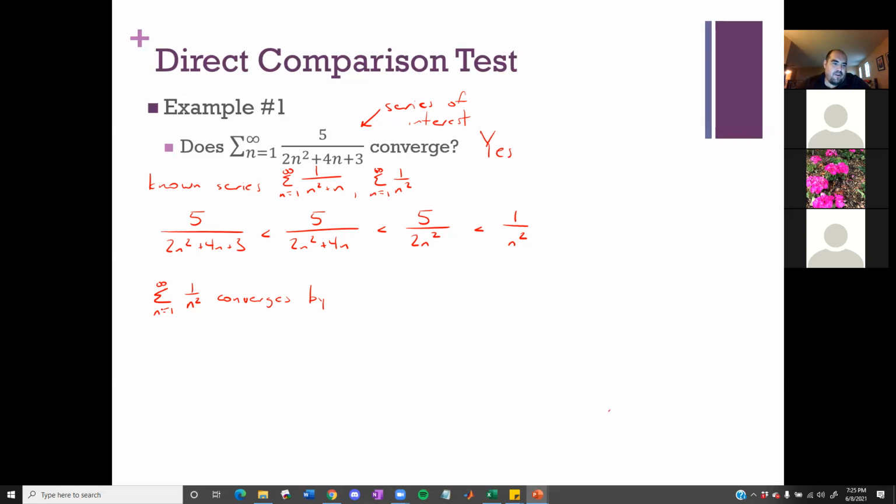So back to this 1 over n squared. How can I justify that this series converges? What argument can I make? P-series test. Yep, this converges by p-series because p is equal to 2, which is greater than 1.